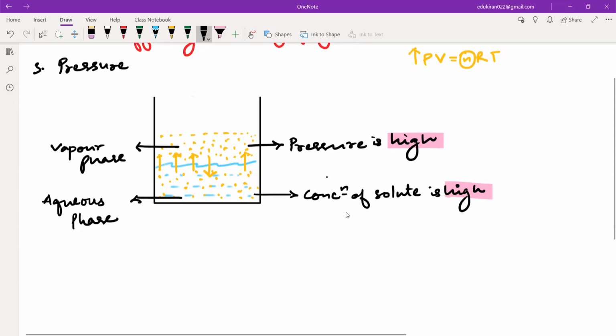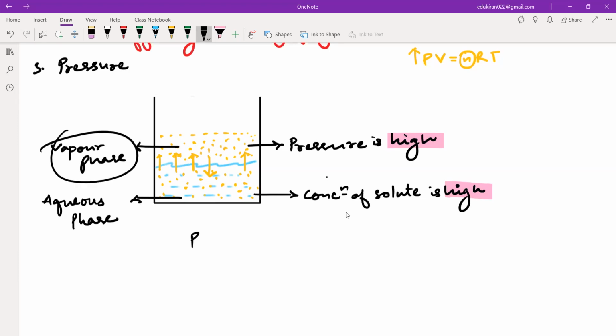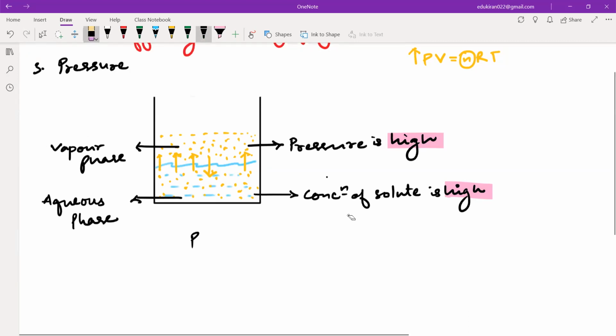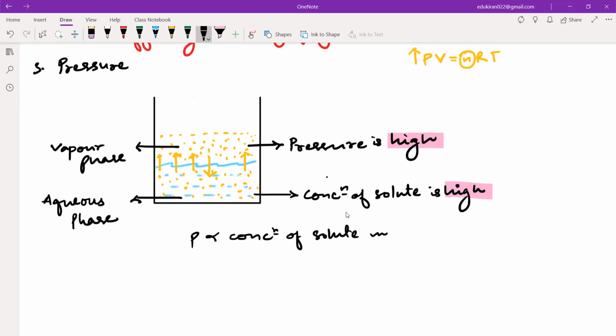Right. Now we can write a relationship: the pressure of what? The partial pressure of solute particles in vapor phase, of solute particles only. So the partial pressure of gas in vapor phase is directly proportional to the concentration of solute in solution.